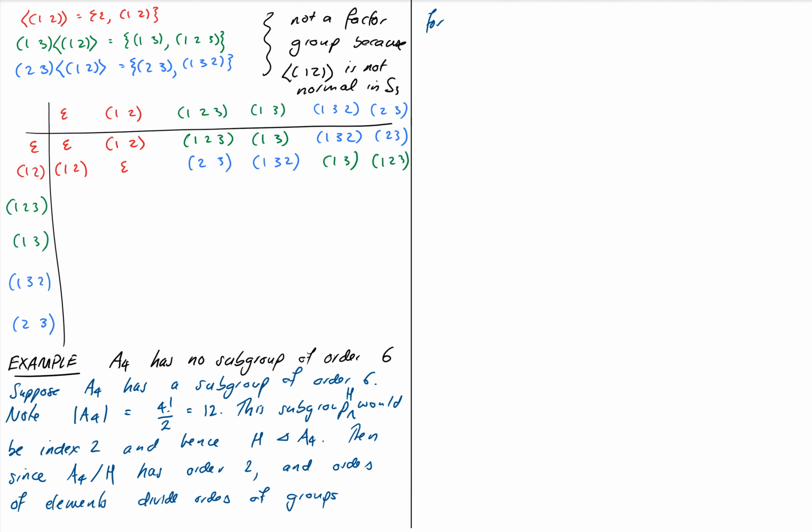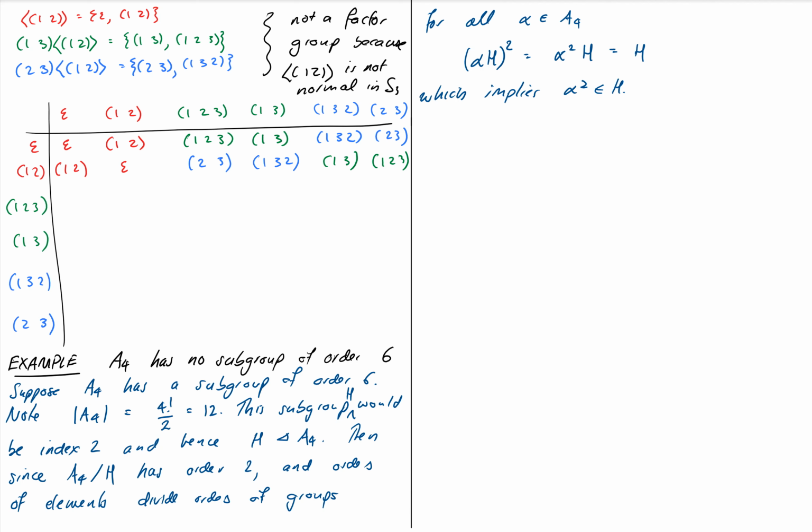For all alpha in A4, coset squared, no matter what alpha is, whether it gives us the H coset or whether it gives us the other one, the square of that thing has got to be equal to H. Which implies alpha squared is in H.